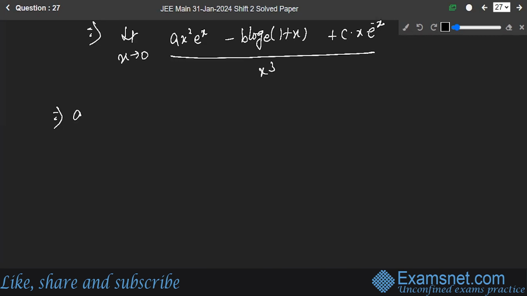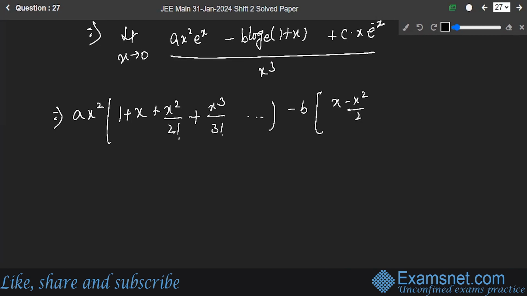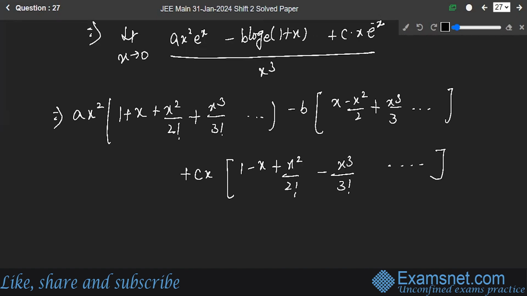This is equal to a x square times e power x, which is given by 1 plus x square upon 2 factorial, x cube upon 3 factorial, and so on, minus b times x minus x squared by 2 plus x cube by 3 and so on, plus c x times e raised to power minus x, which is 1 minus x plus x squared by 2 factorial minus x cube by 3 factorial and so on. So that was your limit x approaching 0.